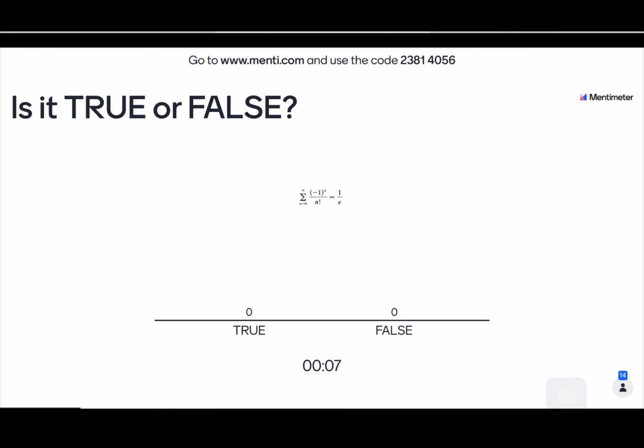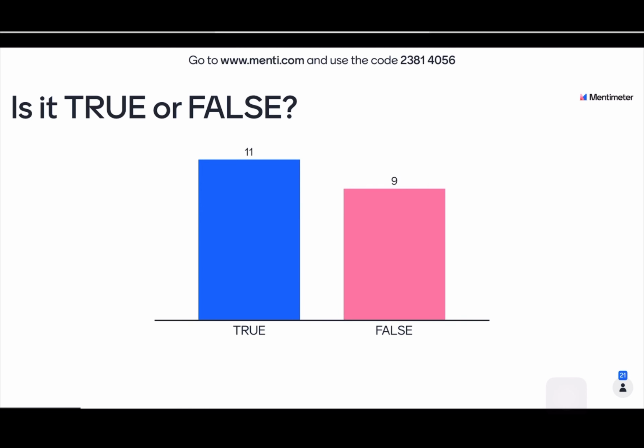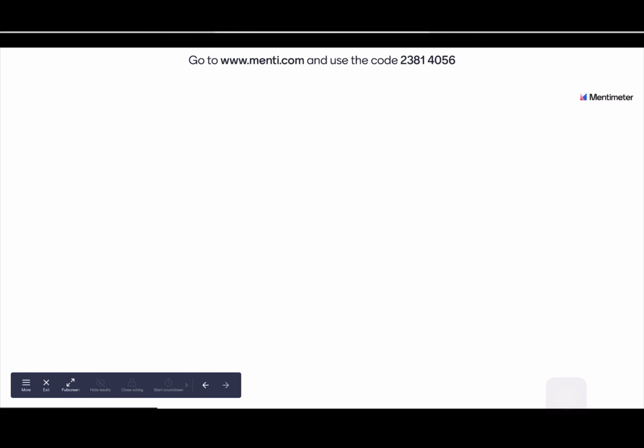It has factorial, so maybe it gives you an idea on how it should be. Okay, it's true. It's e to the x, and you can change the x into a negative 1. Okay, next question.